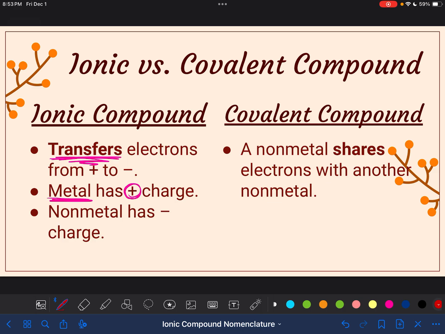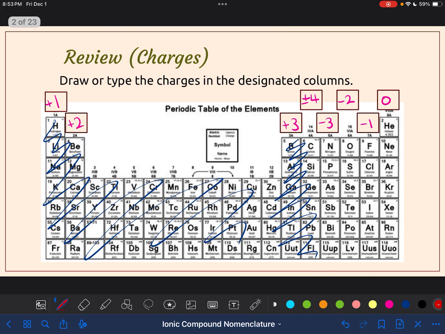On the other hand, we have the negative charge, which refers to the nonmetal. Anything on the right side of the periodic table is a negative charge. So make sure you have that down before we move on.